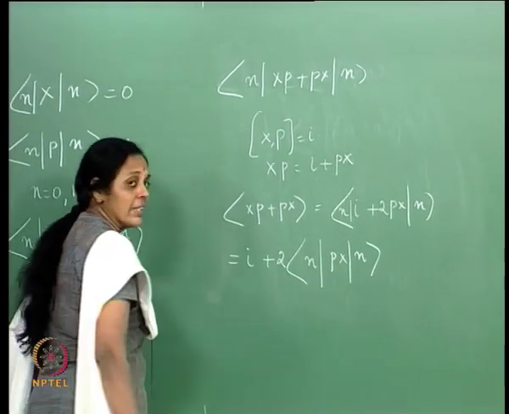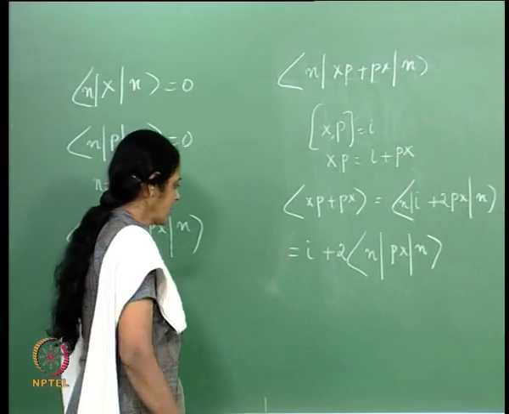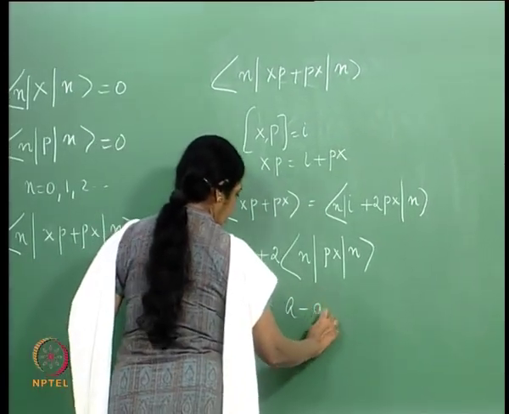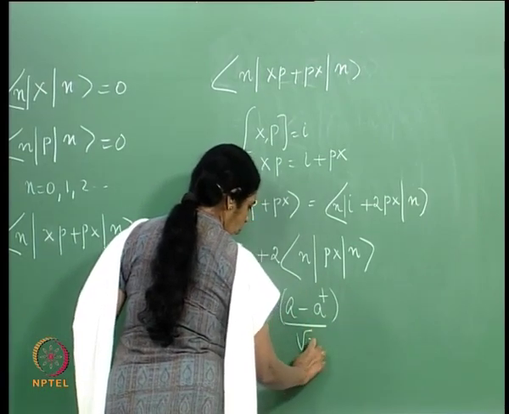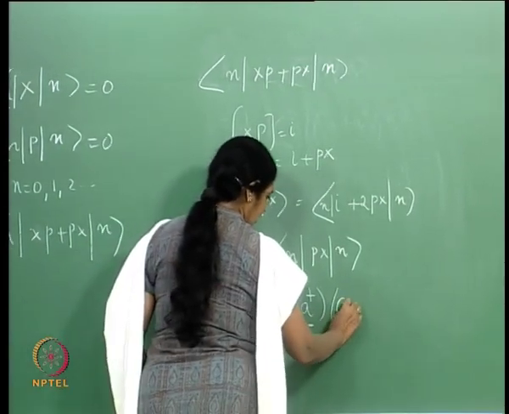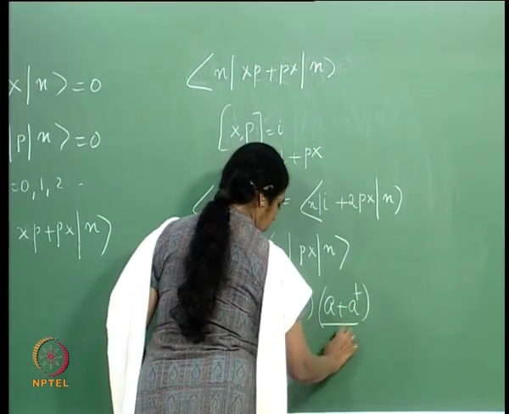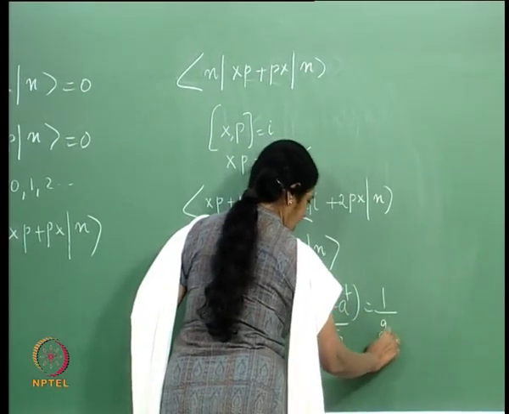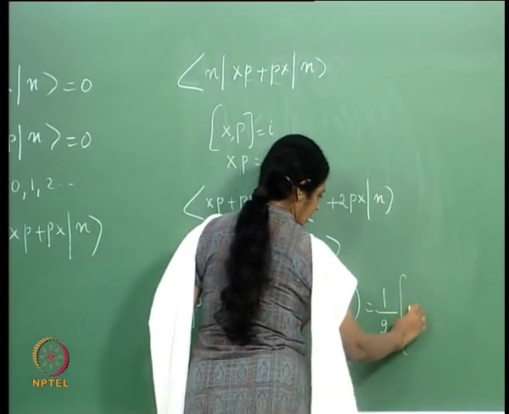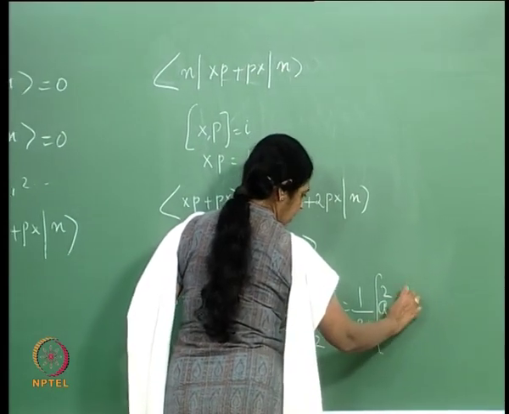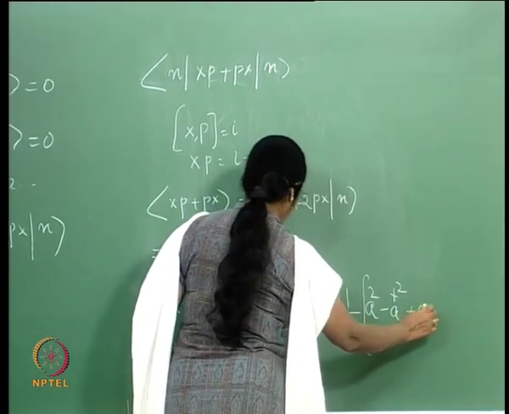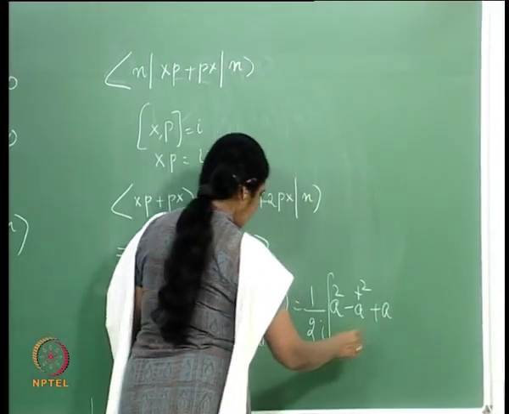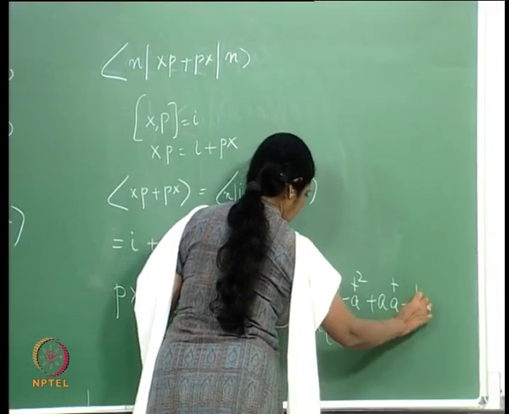I now expand p and x in terms of a's and a daggers. px is (a minus a dagger) by root 2 i times (a plus a dagger) by root 2. This object is half i (a squared minus a dagger squared plus a a dagger minus a dagger a).